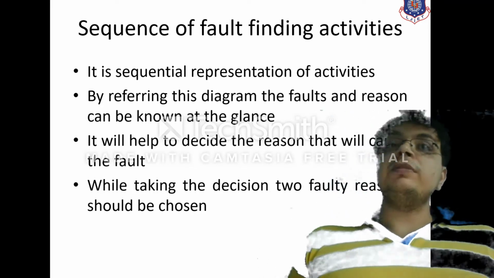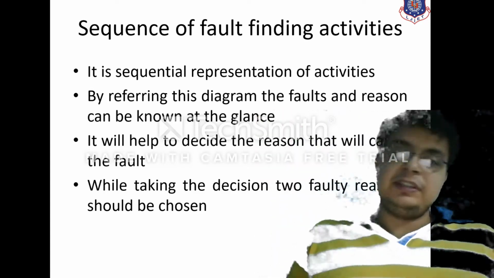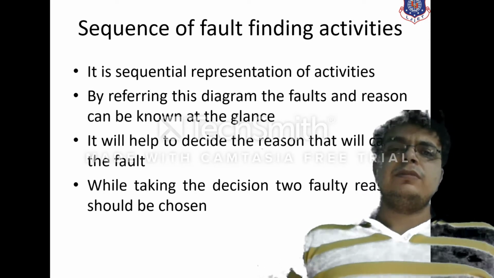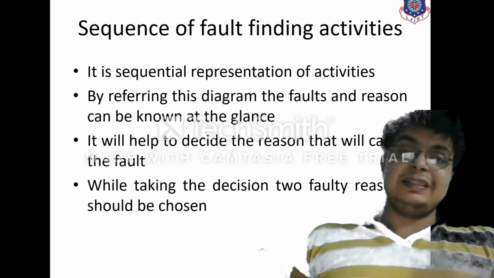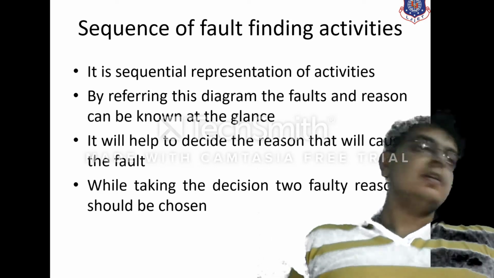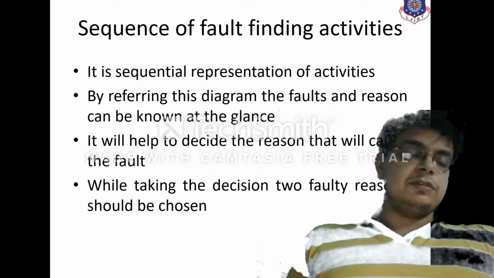It should be such that with one glimpse only we can know the fault and the reason. That is the objective of the diagram, so that we can trace the fault and find the reason that is causing it. By this, the solution can be found in the least time.